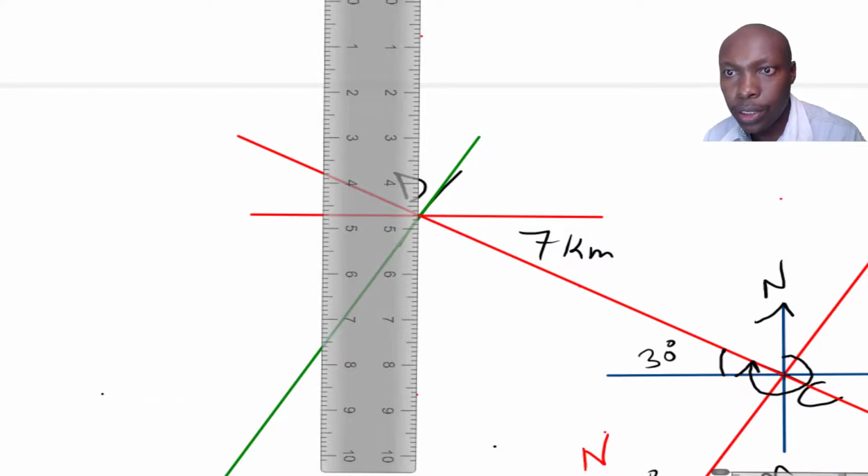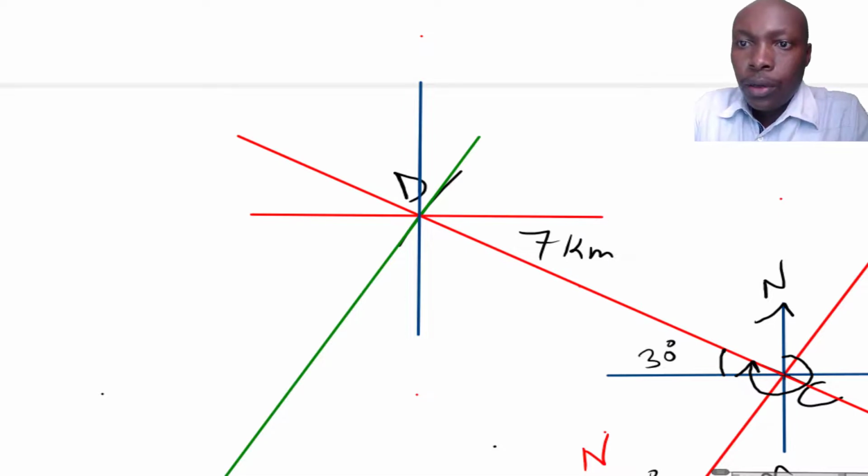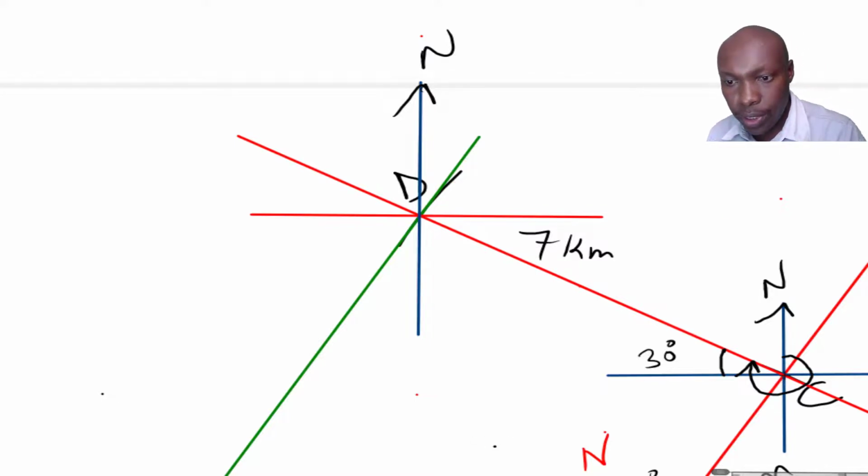So let me draw that compass. So that is the compass. So having, that is the north. So I'm supposed to give the bearing of A from D.